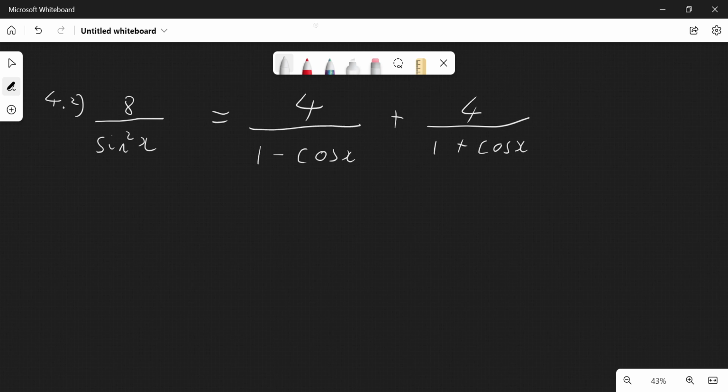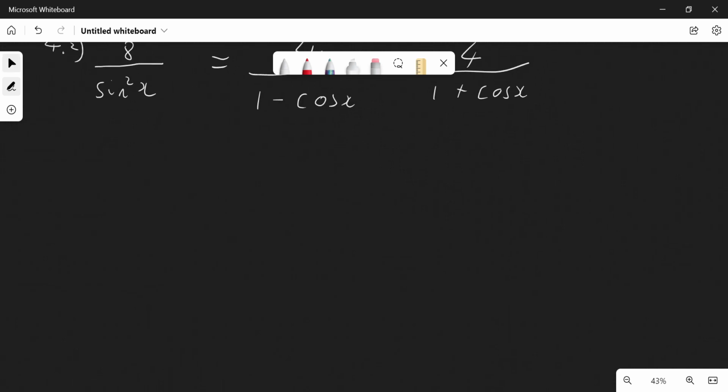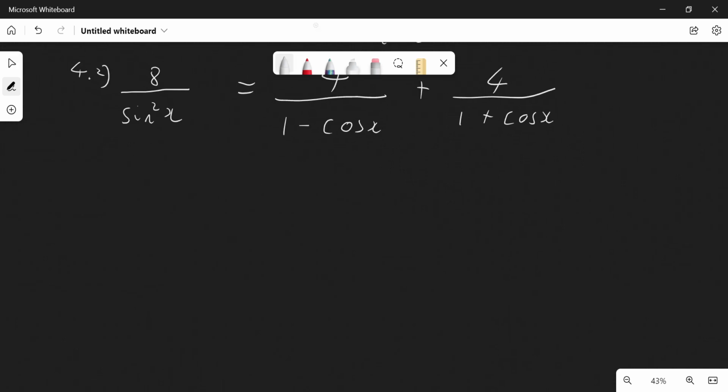So to me it looks like the right hand side, our RHS, is the more complicated side, so let's deal with that. I'm going to say therefore our RHS is equal to, so these are two fractions. We can't really simplify the fractions individually, so let's do the addition.